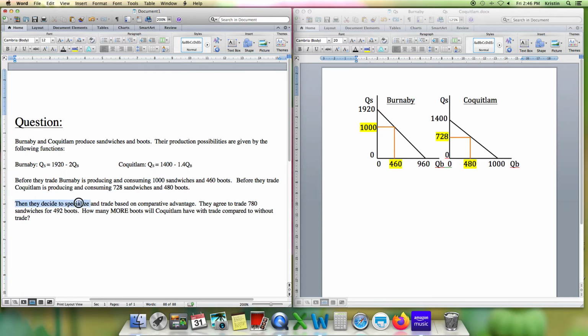They decide to specialize in trade based on comparative advantage. Comparative advantage, as you now know, is based on the opportunity costs of production. We need to know who has a lower opportunity cost for sandwiches and who has the lower opportunity cost for boots, and it will always be one or the other. So we'll calculate the opportunity costs for each city and then figure out who's got the lower cost for the two different goods.